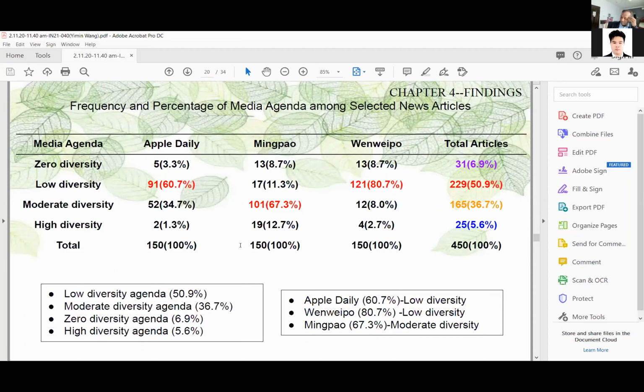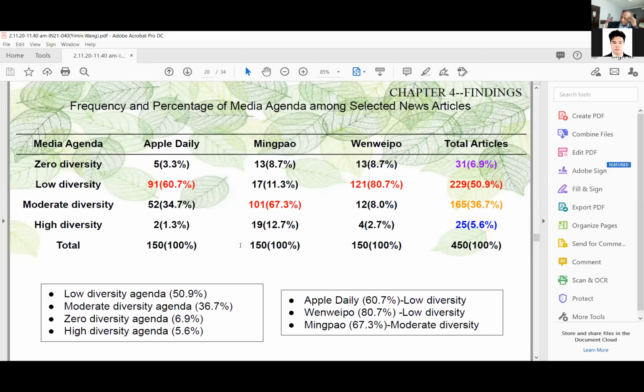There are 7 variables. According to the code book, I developed 3 coding sheets to test the 3 hypotheses respectively. In order to ensure the reliability and validity of the research, I invited a co-coder. The 2 coders filled in the coding sheet separately, and we tested the reliability with the software SPSS.